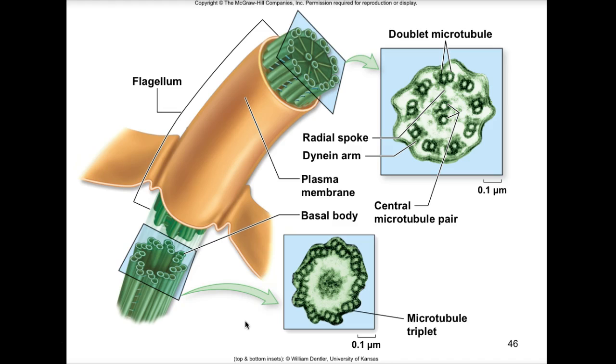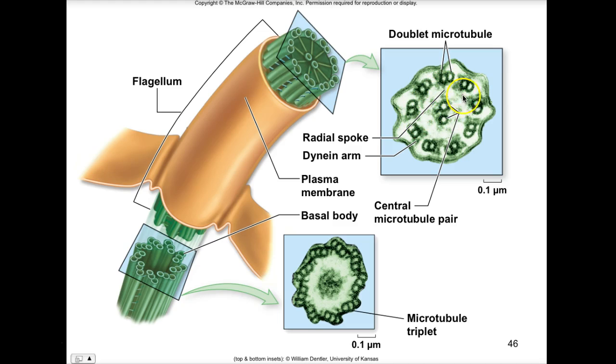If you look here, here is that 9+2 arrangement. So you have 1, 2, 3, 4, 5, 6, 7, 8, 9, and 2. So you've got that 9+2 arrangement, microtubule pairs, and then the central microtubule pair right there.